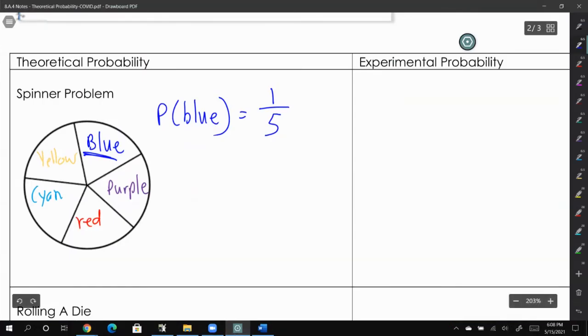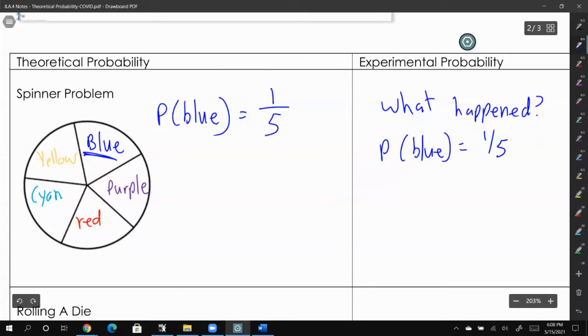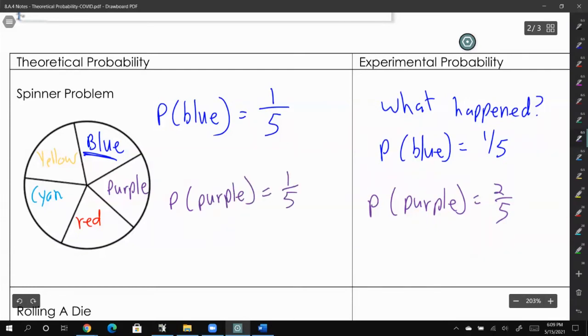So what actually happened in our demonstration? The probability of blue was in fact 1 out of 5. But let's just say that the probability of purple, that was 2 out of 5, whereas the theoretical probability of purple was 1 out of 5.